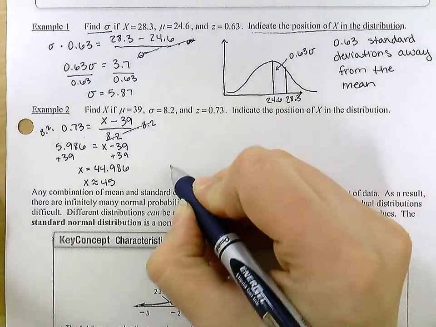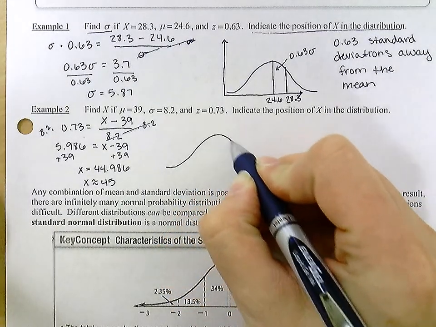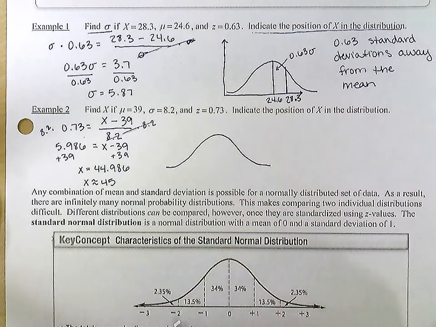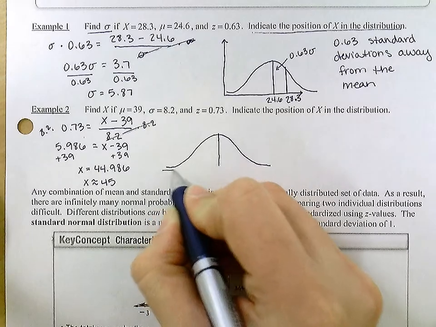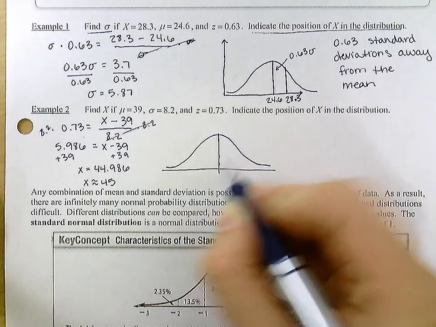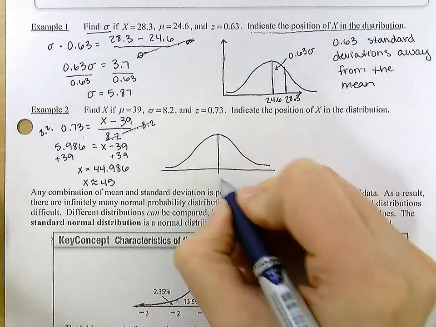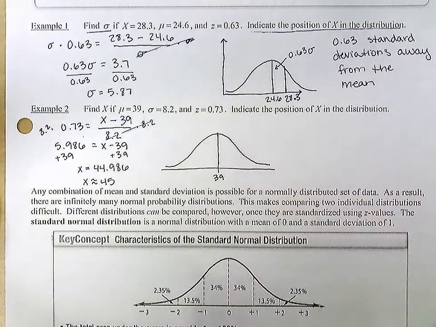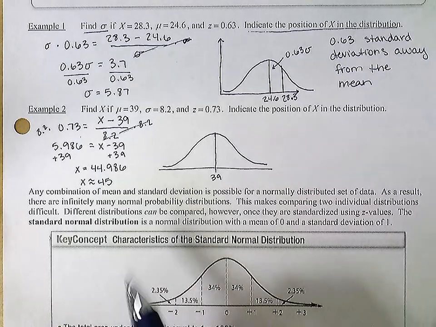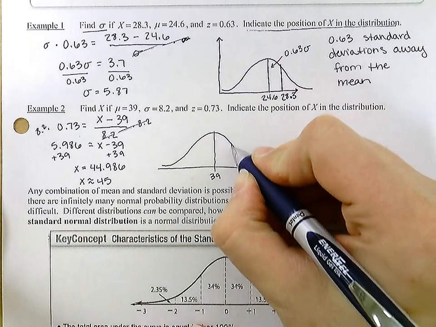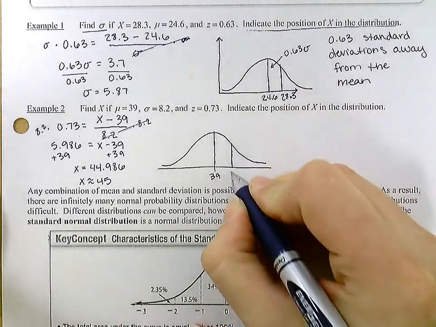Okay, so if I have my curve again here, the middle one is your mu value of 39. Now, our x value that we found was greater, so that would be over to the right.